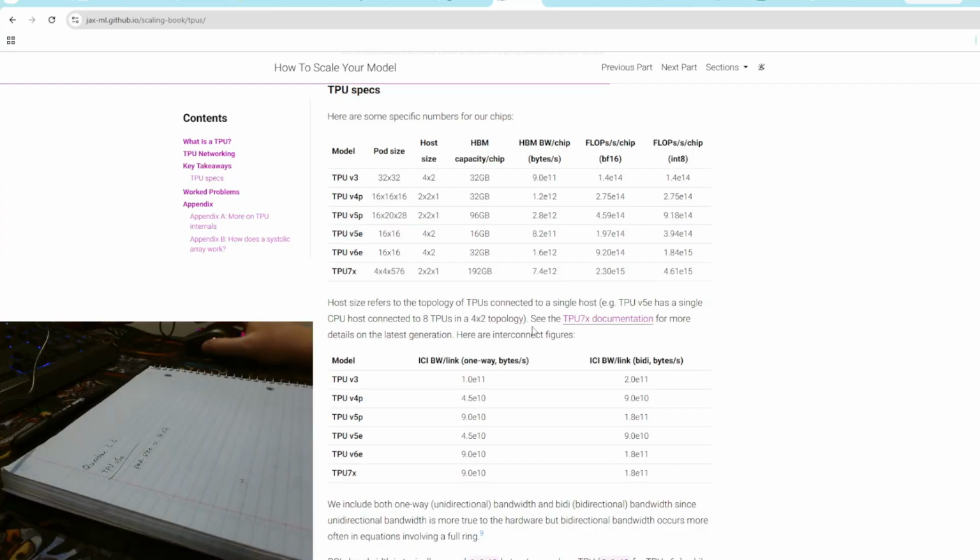That doesn't tell us anything. Oh, host size. Oh. Okay. So there's 8 TPUs, so that means one TPU has like 0.16 CPUs, right?